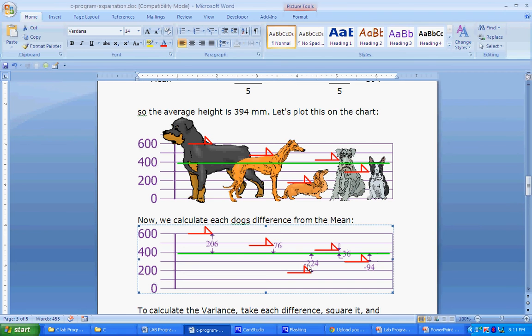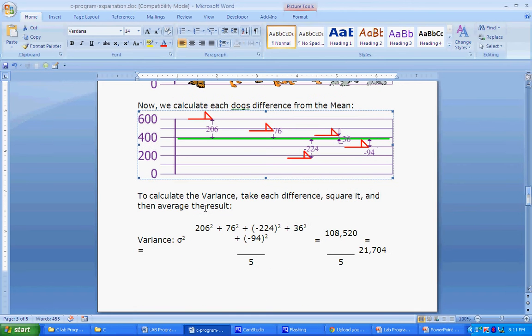Like this, I get the difference of each and every dog's height from the average line. Once I have this, the next part is to square each and every number. The difference of the first dog was 206, I am squaring it. Second dog is 76 square. Third is minus 224 square. Like this, I have to square each and every number.